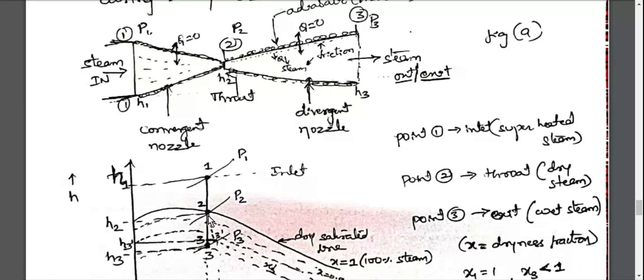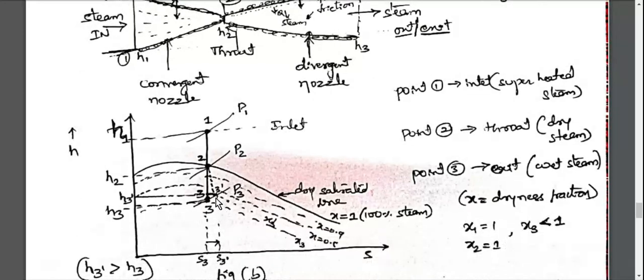Understood? So 2 to 3 dash is the actual expansion process in the nozzle, and 2 to 3 is the ideal expansion process. The ideal expansion is isentropic, and the actual expansion, that is 2 to 3 dash, is a non-isentropic process, that is, irreversible adiabatic.